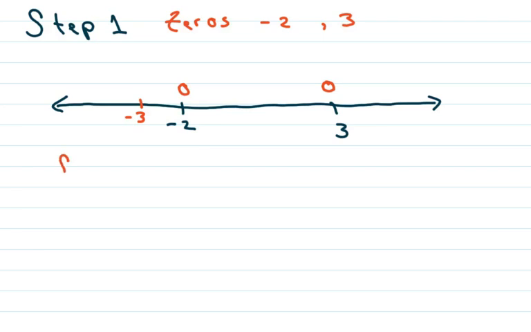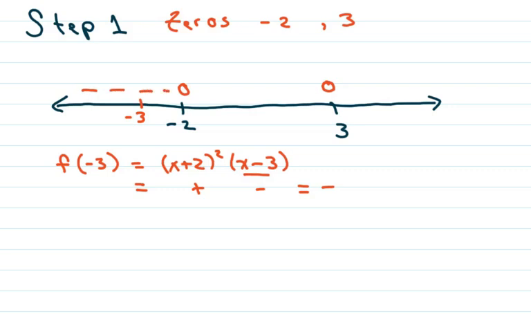We plug in f of -3 into our x plus 2 squared times x minus 3. When you plug in -3 here and square it, that's going to be positive. And when you plug in -3 in this part, that's going to be negative. So you multiply those two, you're going to get a negative. So all of this over here is going to be negative.